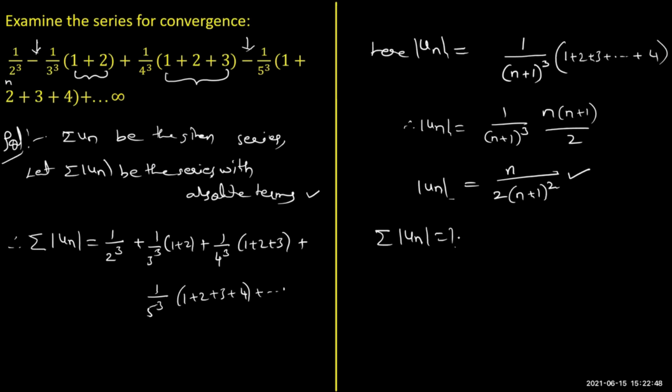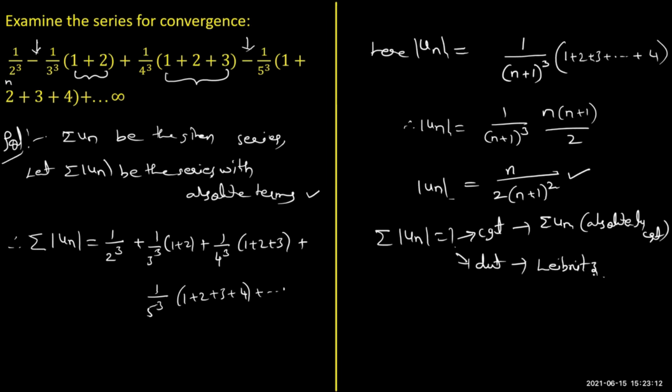In case you get this summation mod un as convergent, then I'll say the given series summation un is absolutely convergent. In case I get this as divergent, then I'll proceed with the Leibniz test.